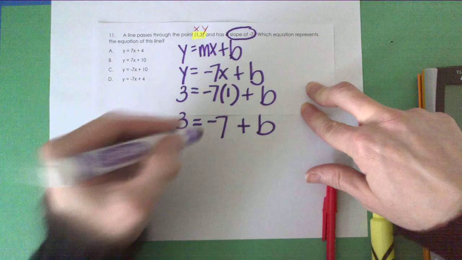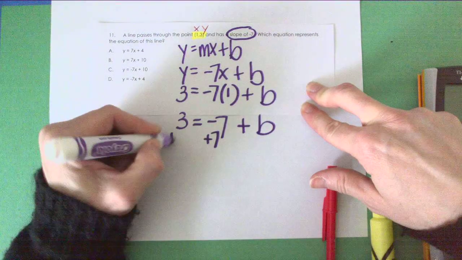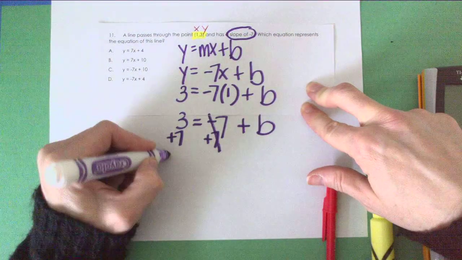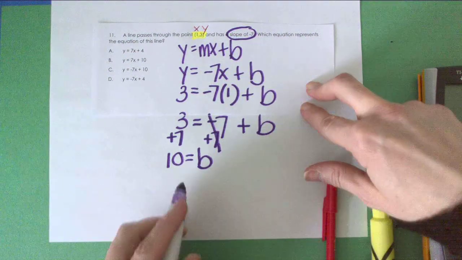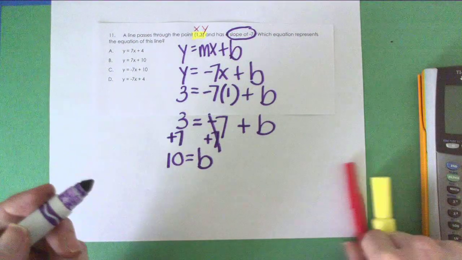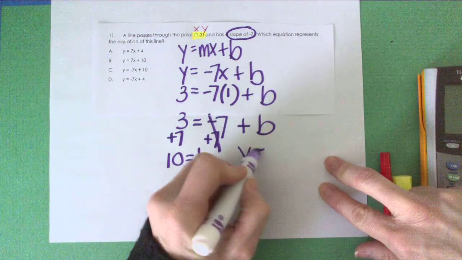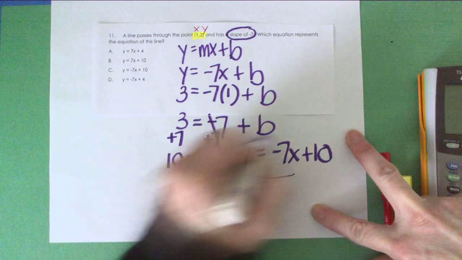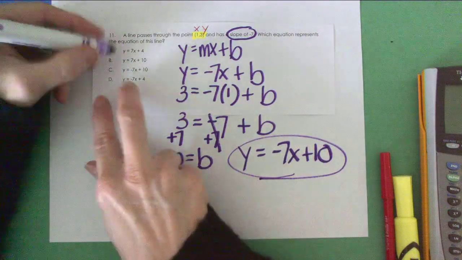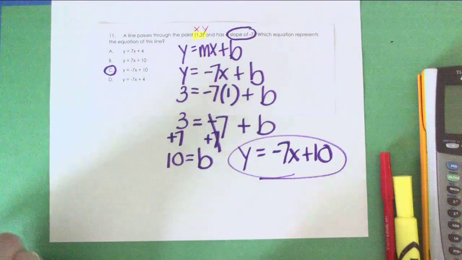And to solve for b, I'm just going to add 7 to both sides. Boom. 3 plus 7 is 10, so my b is 10. So my final answer is going to be y equals, my slope, -7x plus the b, which is 10. That equates to answer choice C.